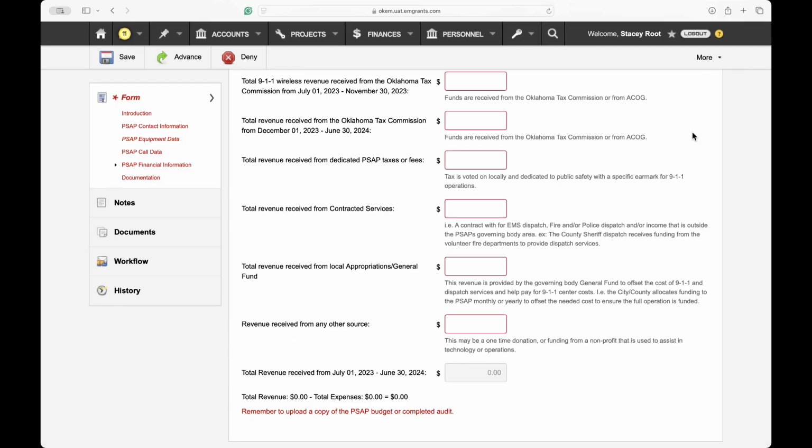I believe that goes back to the question of what 911 equipment are you using, and that question is specific to the 911 equipment, the actual 911 software itself, not the other softwares. I don't believe there's anywhere outside of maintenance costs and the financial section that we actually call out the CAD system, what CAD are you using, but if it's not specifically listed there, then we don't need the information.